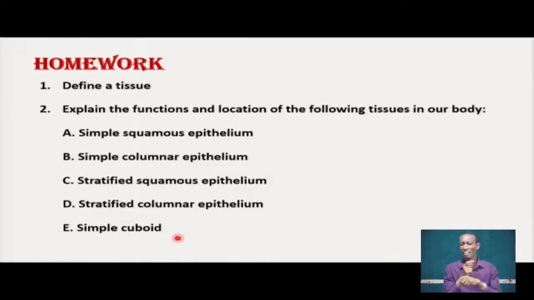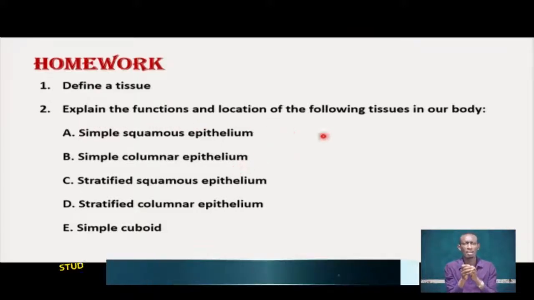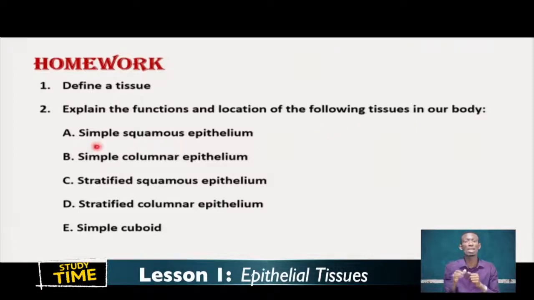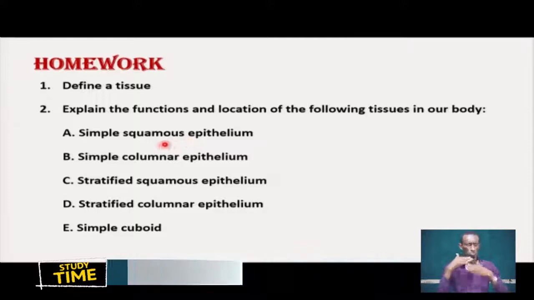Before we wind up our lesson today, let us share the homework to test your level of understanding. Question number 1, define a tissue. Question number 2, explain the functions and location of the following tissues in our body. A, simple squamous epithelium.